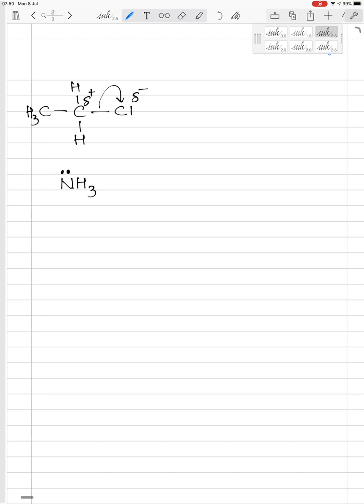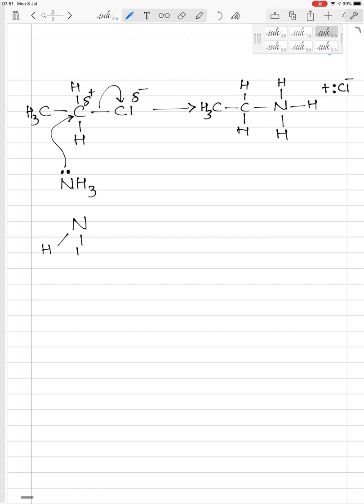So this lone pair of electrons in ammonia attacks the delta positive carbon as a nucleophile, and the reaction goes in the same way as other mechanisms, but slightly different. I'm not saying difficult. So you have got ammonia becoming part of the molecule, and Cl has come off.